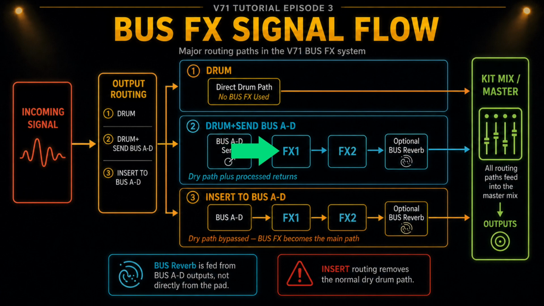The signal first goes to FX1 and then to FX2. Each effect can be configured separately to be either a simple through, that is, there's no effect, or it can go to any one of dozens of effects, or even a pre-combined pair of effects. This means we can use each bus for 0 through 4 effects. In addition, each bus can optionally be routed with the effects applied to a single bus reverb area.